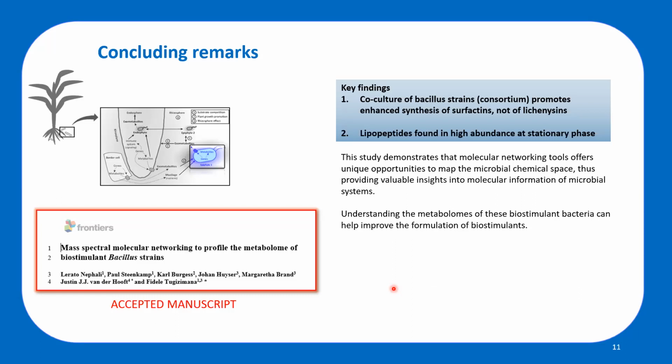Overall, this study demonstrates that molecular networking tools offer unique opportunities to map the microbial chemical space, thus providing valuable insight into molecular information of the microbial system. Understanding the metabolism of these biostimulant bacteria can help improve the formulation of the biostimulants. And this work has been accepted into Frontiers in Plant Science.